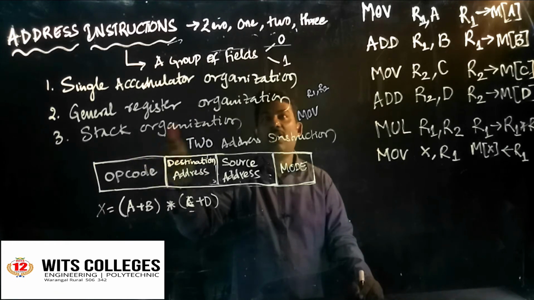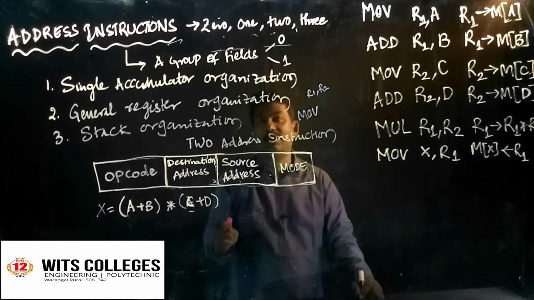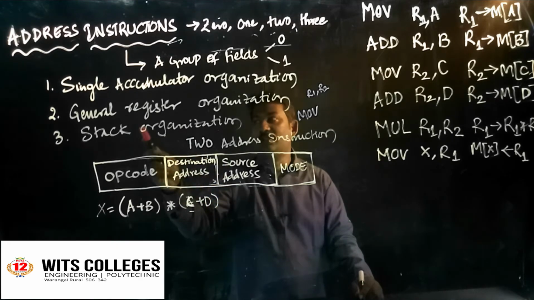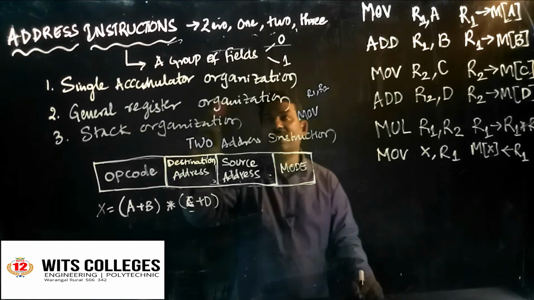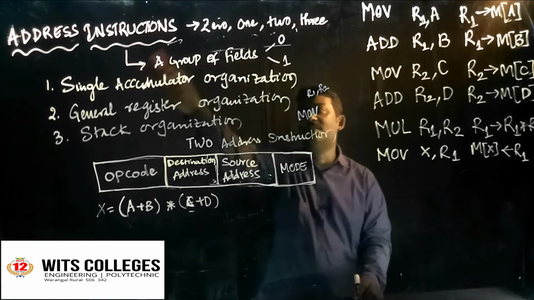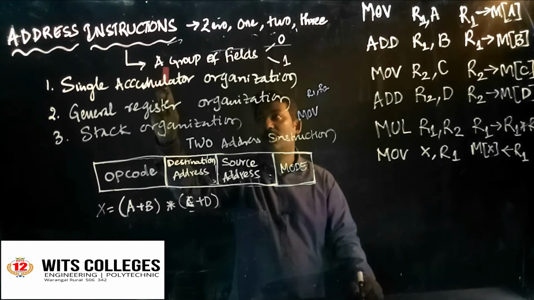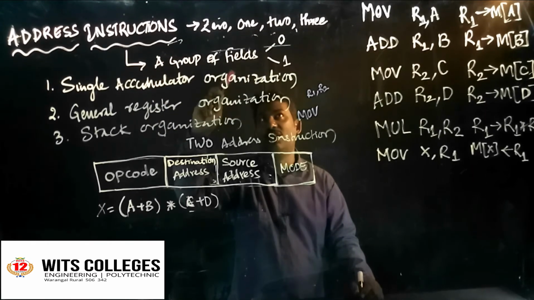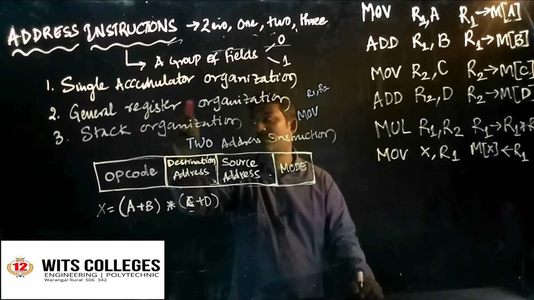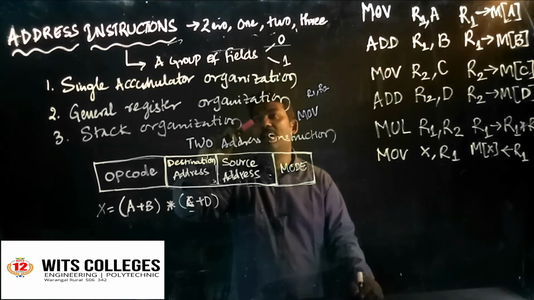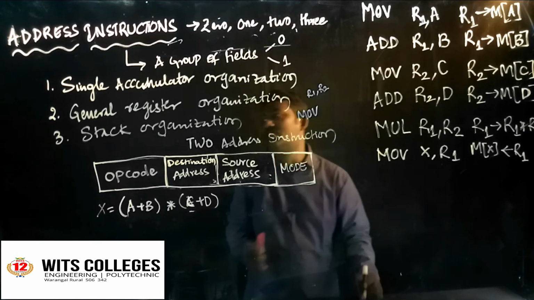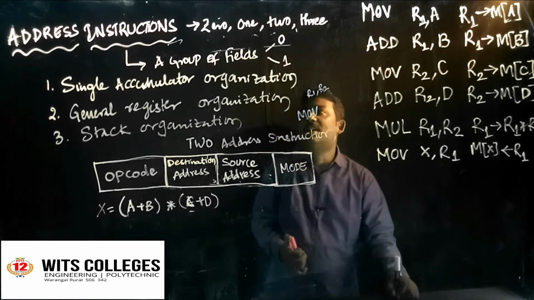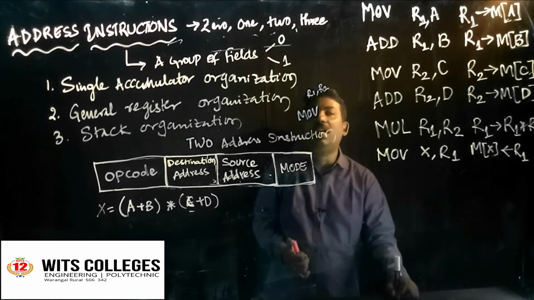The stack organization is used by the 0 address instruction. Next comes the general address organization. The 1 address instruction is based on the accumulator organization. The 2 address instruction is based on the general register organization, and the 3 address instruction is also based on the general register organization.